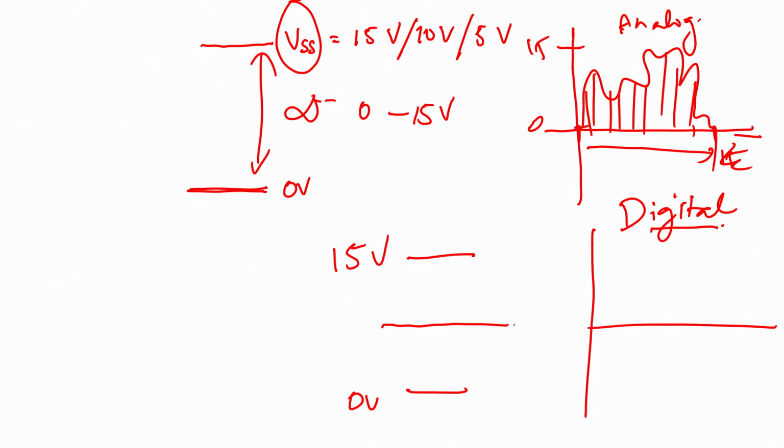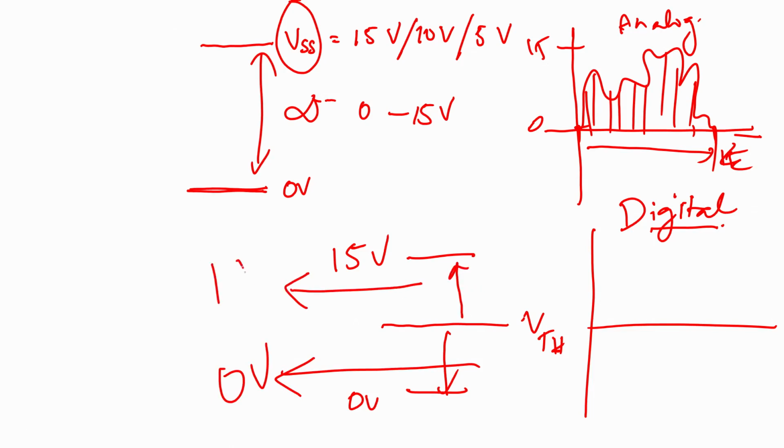So you keep a threshold voltage, let us say VTH, and you say that if the signal input voltage is below this value, then I will consider all these values as 0 volt, and if the input voltage is above this value, we will consider it as 1 volt. This is what we call quantization.